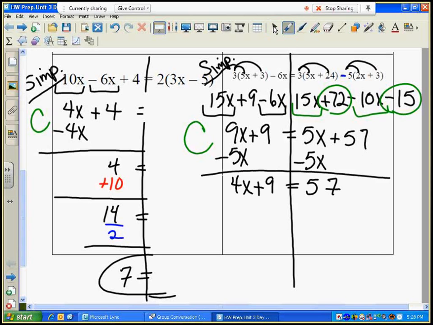Once you've collected, the most you should have left, if you simplified and collected correctly, is a two-step solving. Let's see what we got. 48, I believe. Divide by your 4.